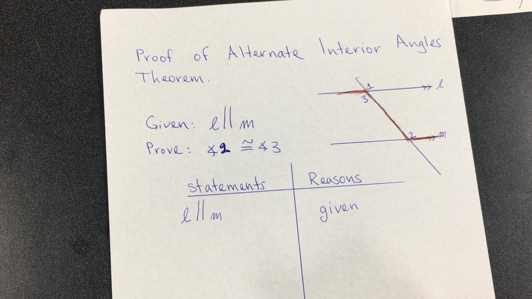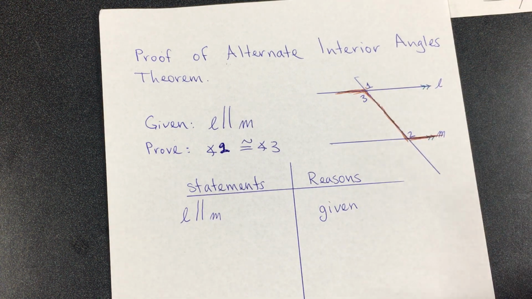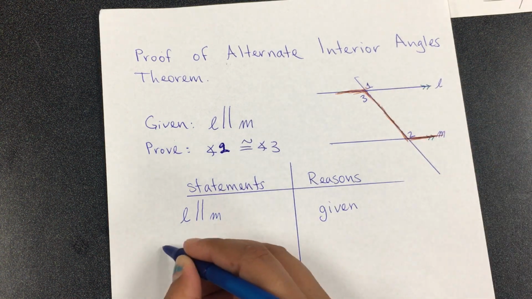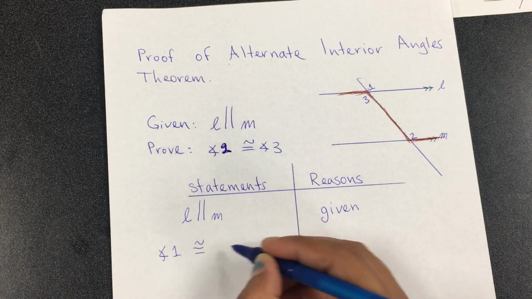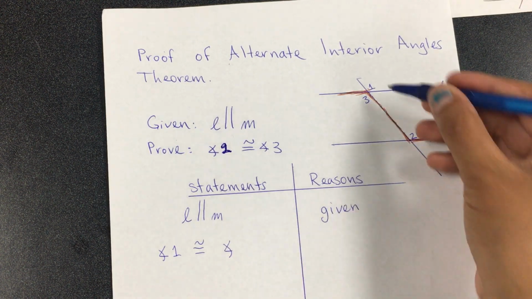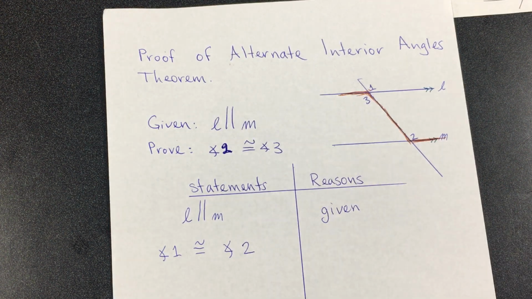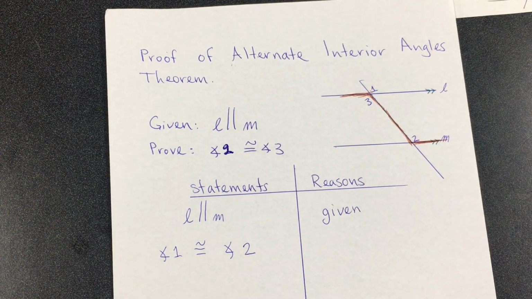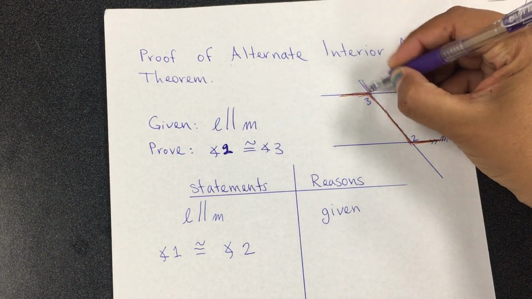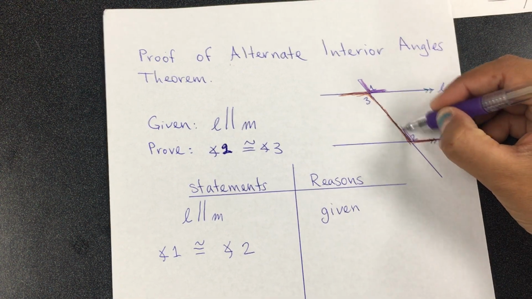Then we're going to say that angle 1 and angle 2 are congruent. So angle 1 is congruent to angle 2. And the reason, if you remember, let me mark it with a different color, I'm going to do the purple. So angle 1 is right here, angle 2 is right here.